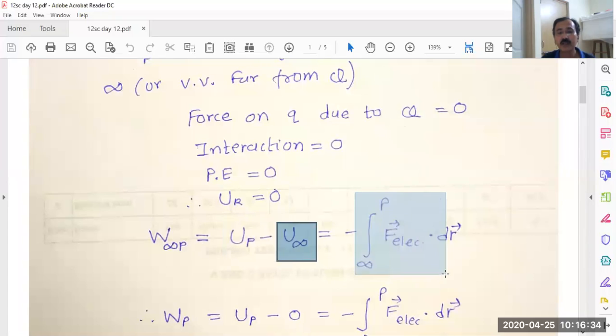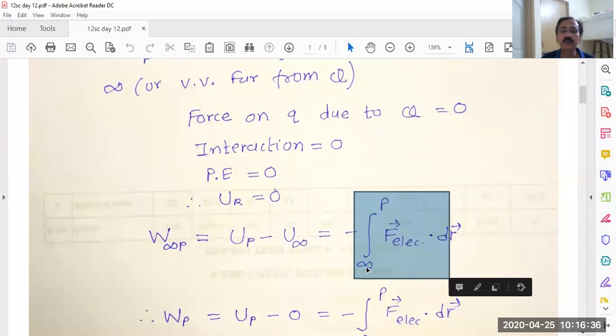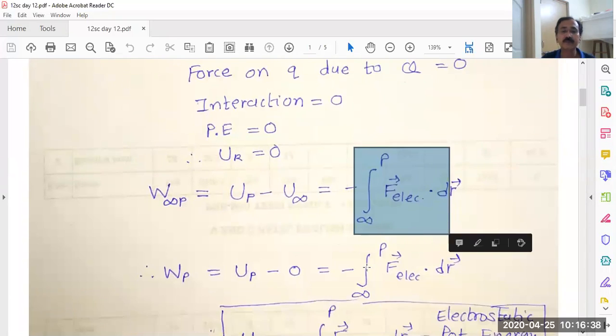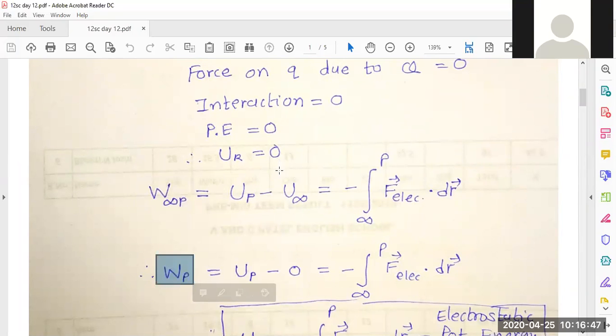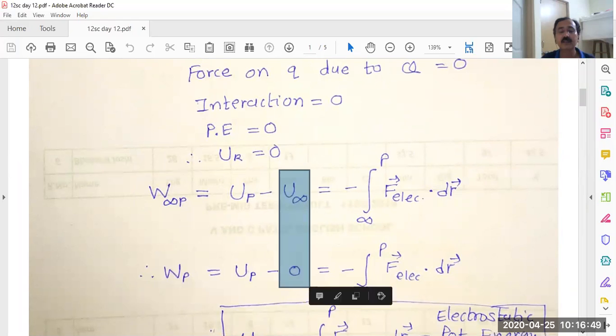Same way, this R is replaced with infinity. Now this infinity to P, we simplify as W_P. And this U infinity is made zero.